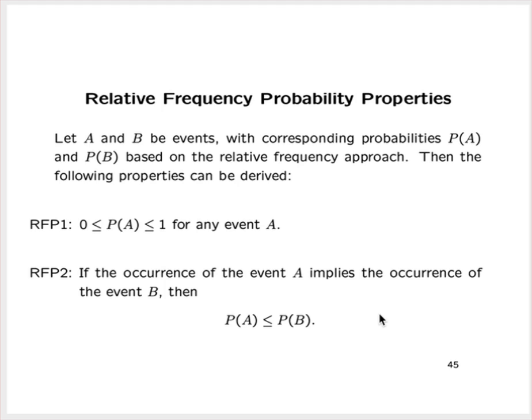All right, so that's how the game is played. When we're proving things mathematically, we have to use the definitions and any axioms that we might have. And then if we've got any other properties or theorems that we've already proven, then we're free to use those as well. But anyway, in proving these properties, we would have to utilize the definition of relative frequency probability.